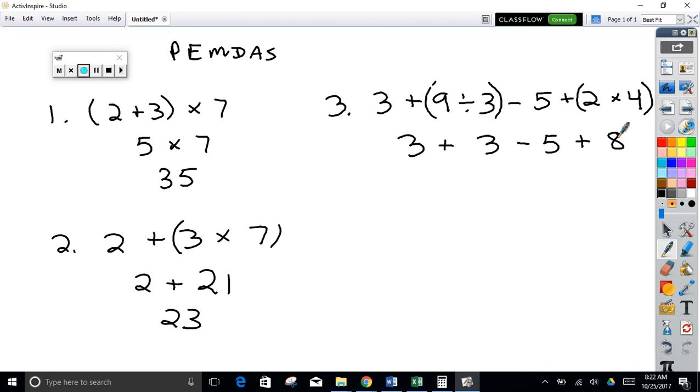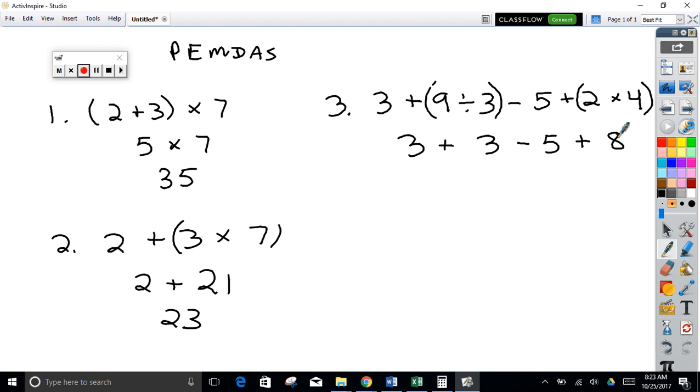Okay, now what? Eve? 3 plus 3 and 5 plus 8. Okay, so you did 3 plus 3 and 5 plus 8. When you're doing addition and subtraction, you should go from left to right, doing everything in order. So you don't want to put the 5 plus 8 together.